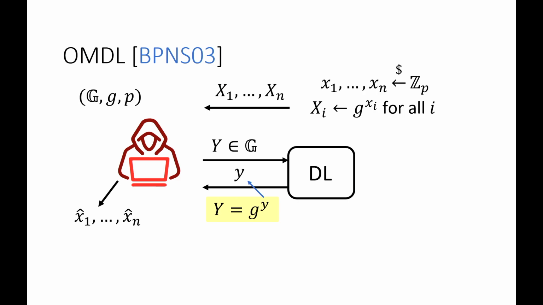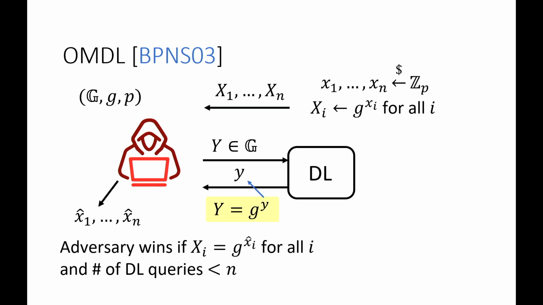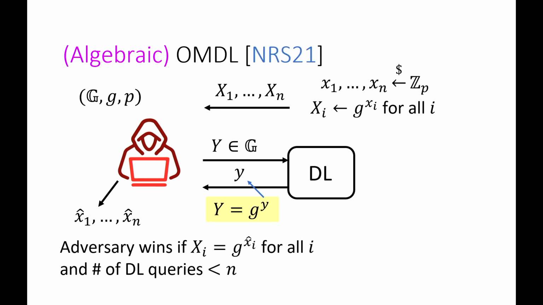The goal of the adversary is to compute the discrete logs of all the challenges. The adversary wins if all the discrete logs of the challenges are computed correctly, and the number of discrete log queries is less than n.